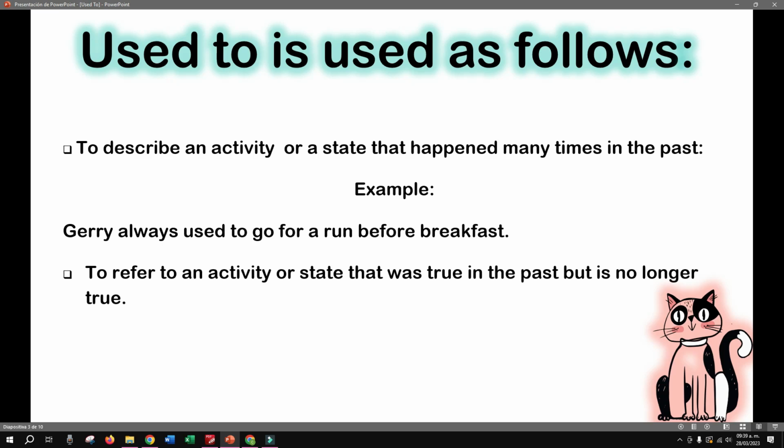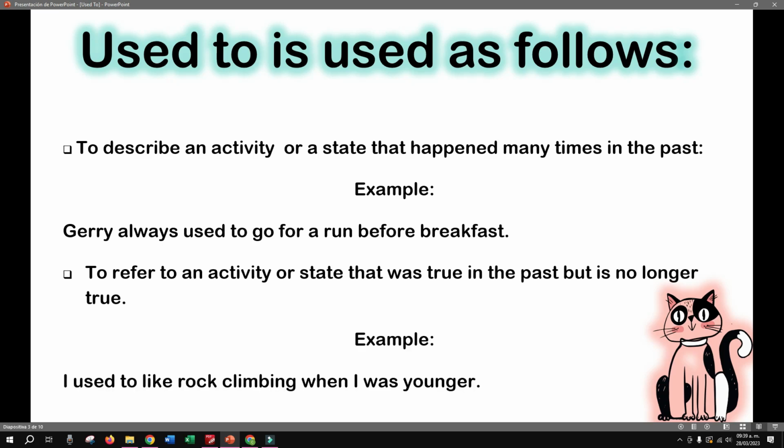To refer to an activity or state that was true in the past but is no longer true, right? That would be another thing. So to refer to an activity that was true in the past but nowadays is not true anymore, right? For example, I used to like rock climbing when I was younger.